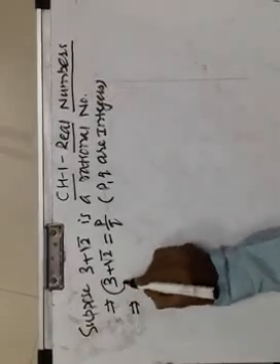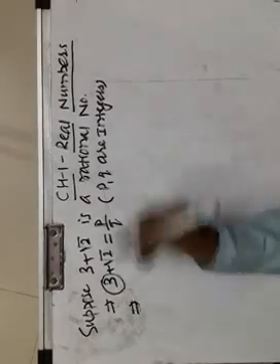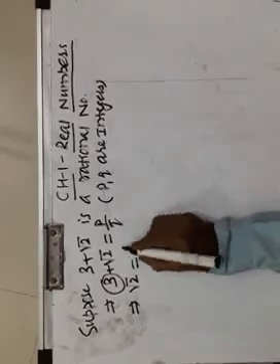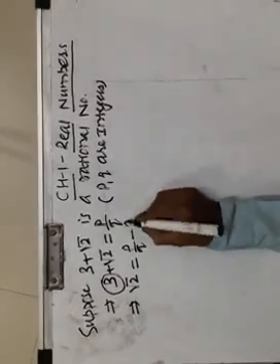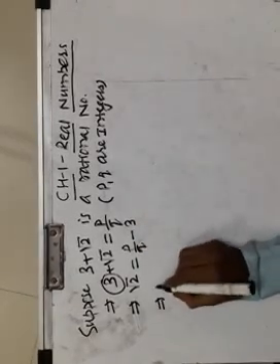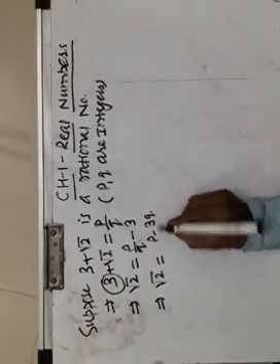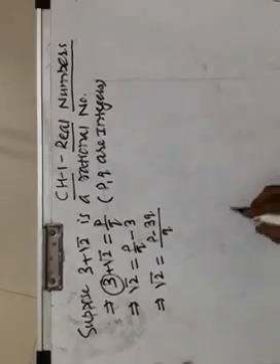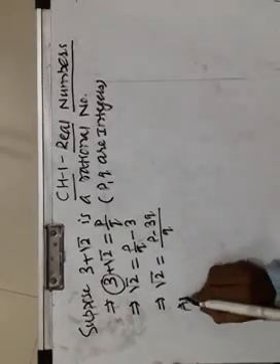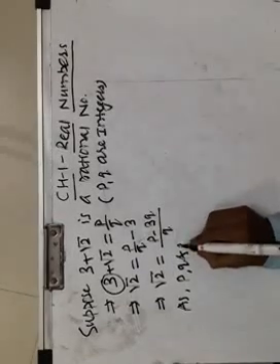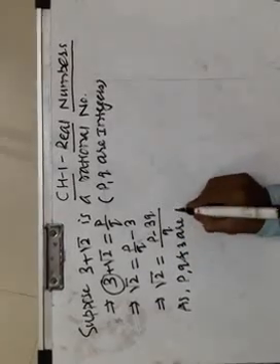After transposing the 3 to the right hand side, we get root 2 equals p by q minus 3. After taking the LCM, it becomes p minus 3q by q. As we know, p, q and 3 are integers.